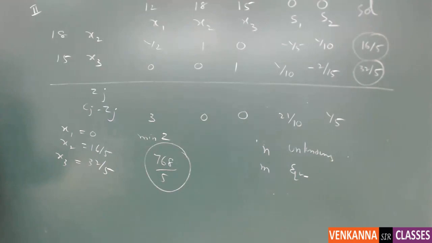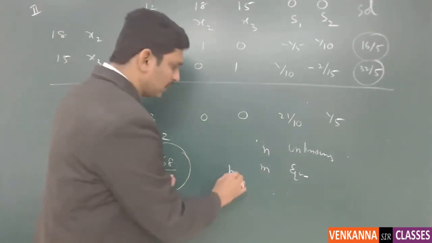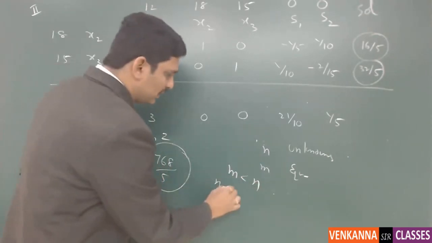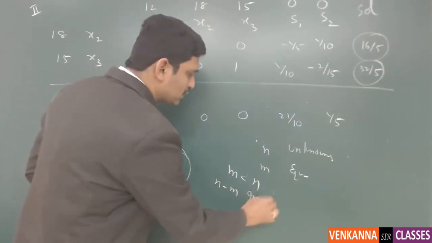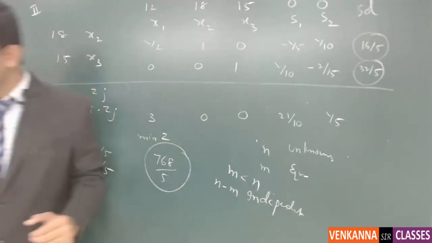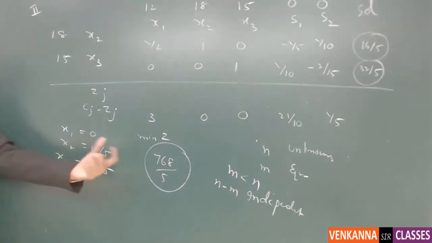Yes or no? N variables, m equations in matrices at the school level or +2 level. So there we have found that if m is less than n, we have n minus m independent solutions. So we will take a free variable.